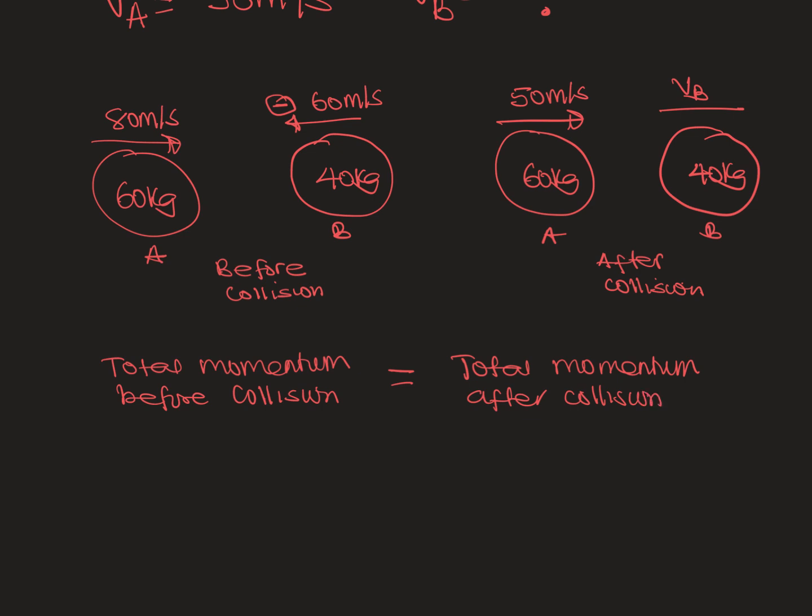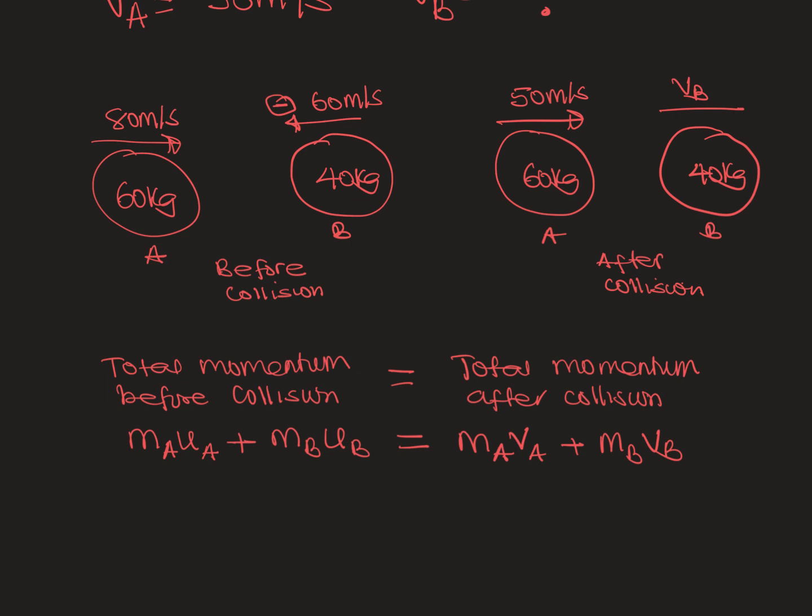So that will be the mass of A multiplied by the initial velocity of A plus the mass of B multiplied by the initial velocity of B. This must be equal to the mass of A multiplied by the final velocity of A plus the mass of B multiplied by the final velocity of B.